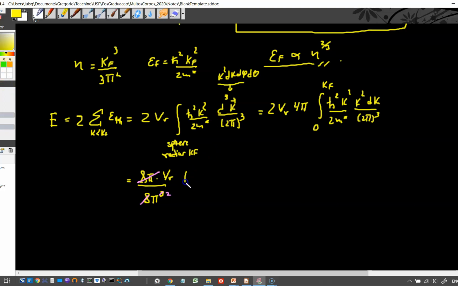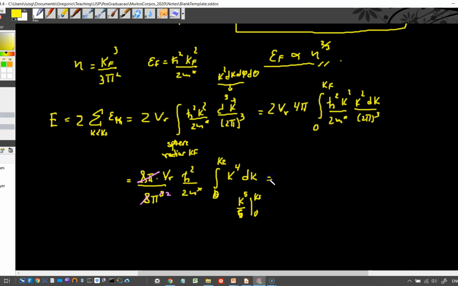There's going to be an h bar squared over 2m star, and we're left with the integral from 0 to kf of k to the 4th dk. So this is k to the 5th over 5 between 0 and kf.